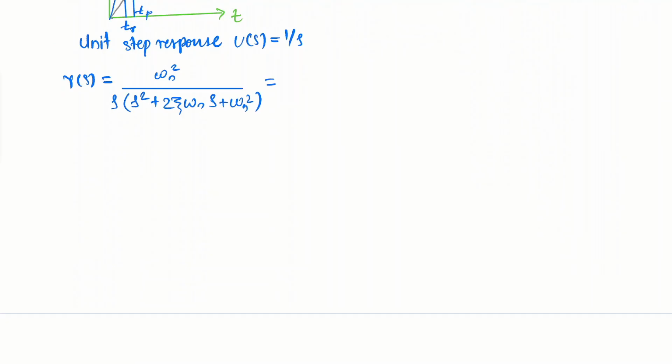So if we do partial fractions, we can write it as A over S plus some B into S plus C over S square plus 2 zeta omega n S plus omega n square.